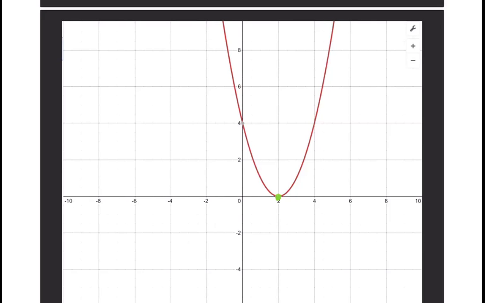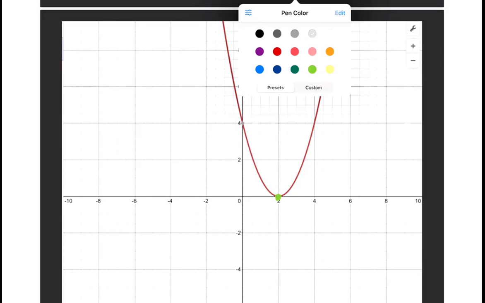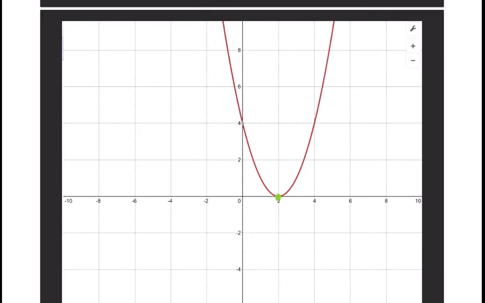So your vertex is also called a turning point because it's where your graph, if it's decreasing, is going to start increasing. Or if it's upside down, it'd be increasing and then it hits that vertex and then starts to decrease. We label the vertex. Our vertex is a point, right?